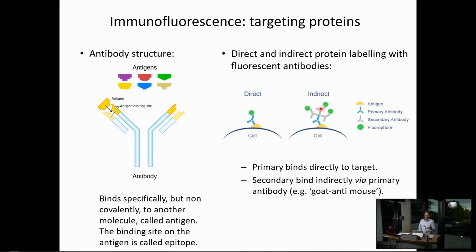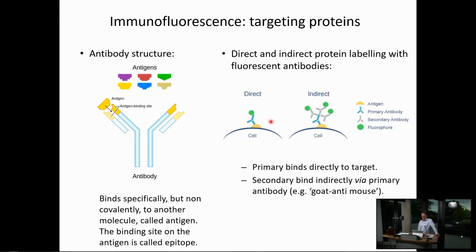In this case, you only need to label the secondary. And the secondary can be just a generic antibody that recognizes a type of primaries, and the primaries only have the binding sites modified, but you don't have to modify the secondary at all. It will always be the same one. So I will talk about that more.